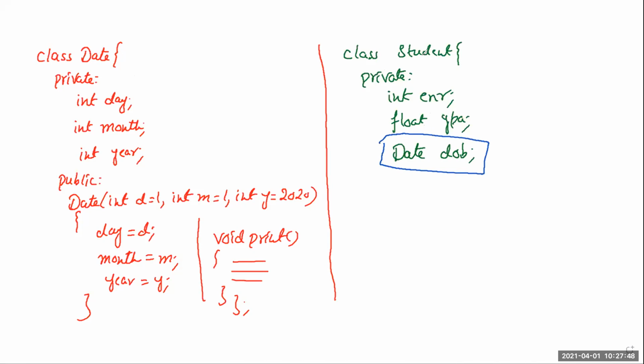Student is the relatively complex object which has an object of another class, which is date. So this actually is composition. If you have three integers here, then there is no composition. In simple words, composition is simply when you are using an object of one class as a member of another class, right? So this student class is actually called a composite class.